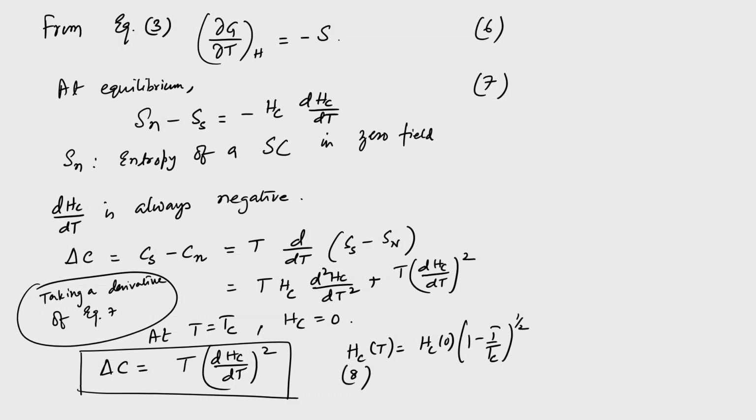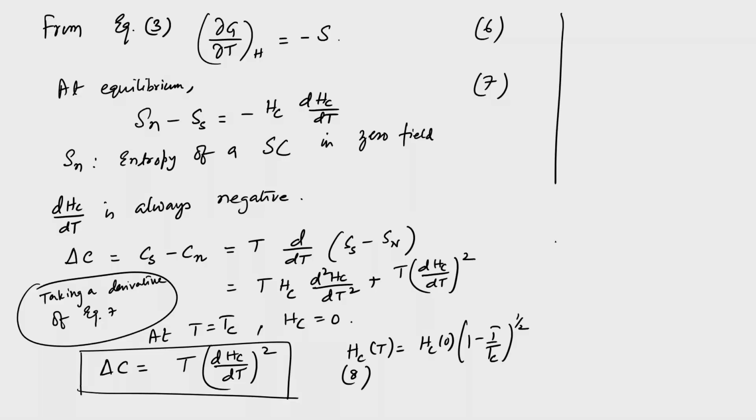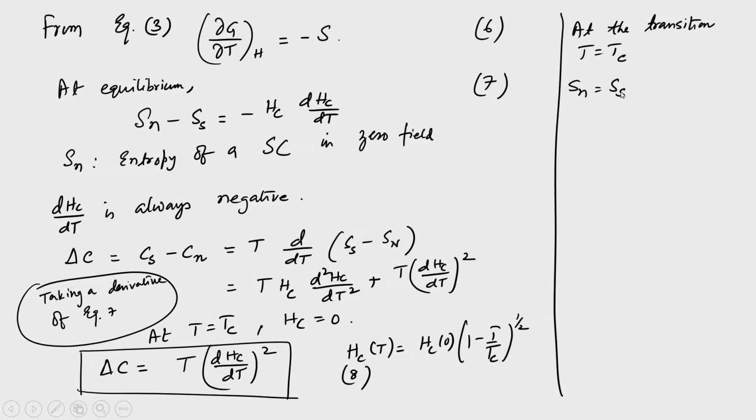So, from 7 it can be seen that at T equal to T_c, since H_c equal to 0, S_n minus S_s is equal to 0. So, at the transition, that is T equal to T_c, S_n is equal to S_s, which means that there is no latent heat.